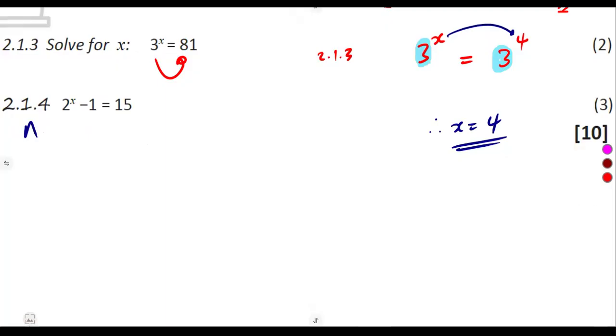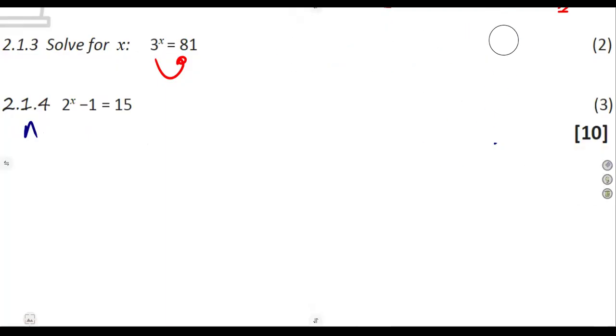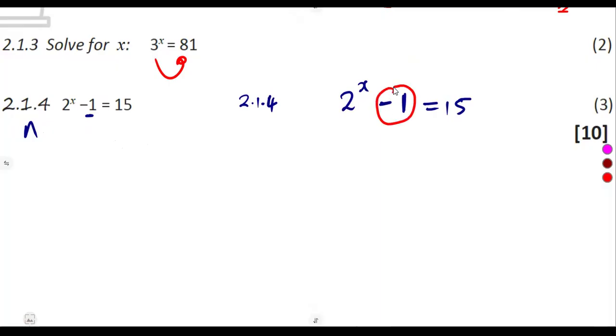On 2.14, another condition similar to what we have, but this time, as we can see, there is something to be subtracted there, which is -1. So first, we must get rid of that -1 as it's just a single term on its own. So take it to the other side of the equation.